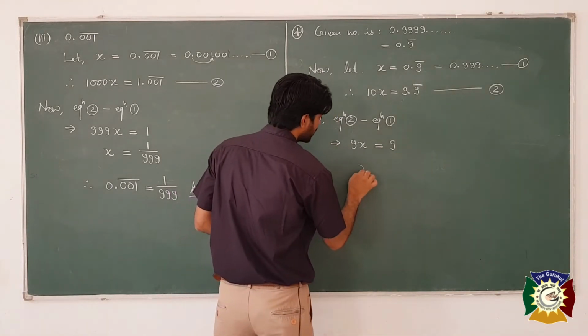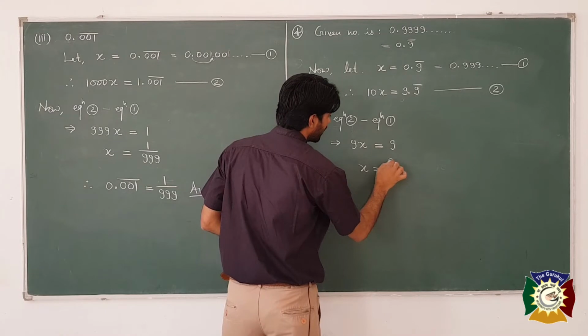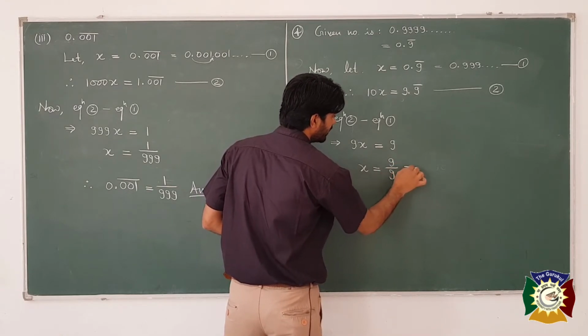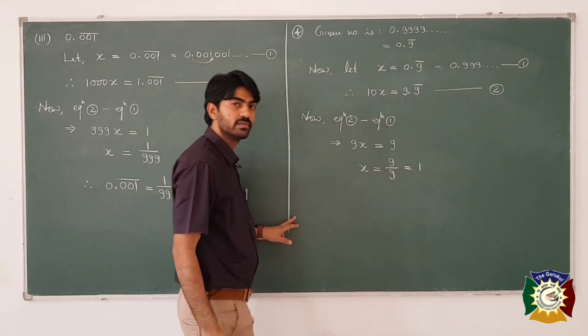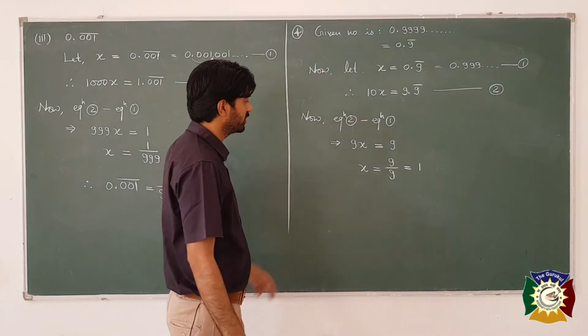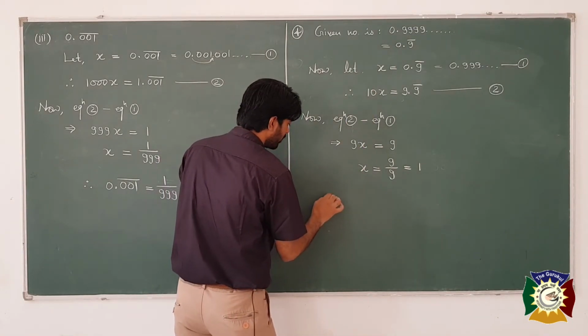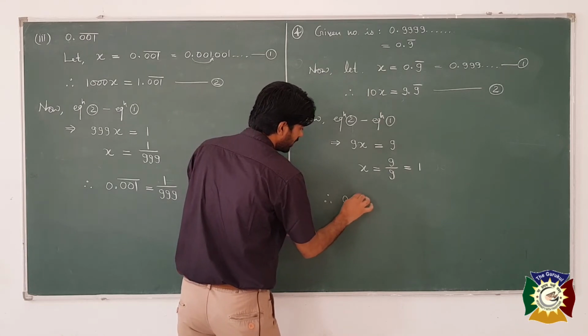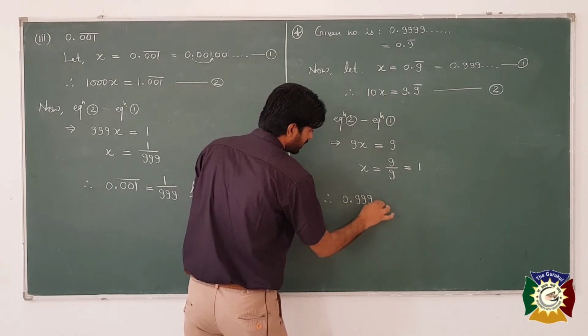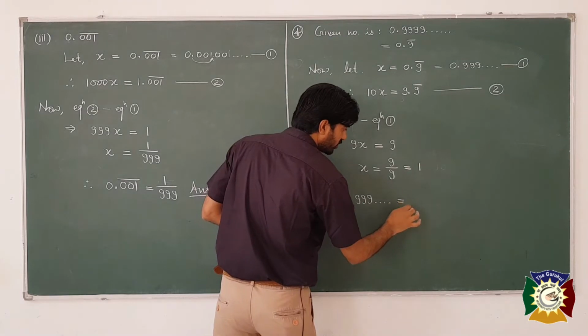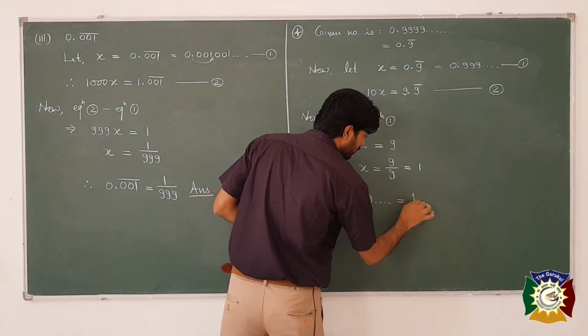So x is equal to 9 by 9, and 9 by 9 is equal to 1. We can cancel both of them by 9. And what was x? Therefore 0.999 and so on is equal to 1.